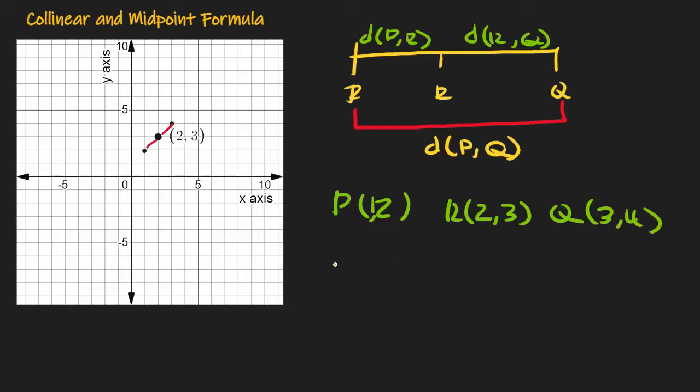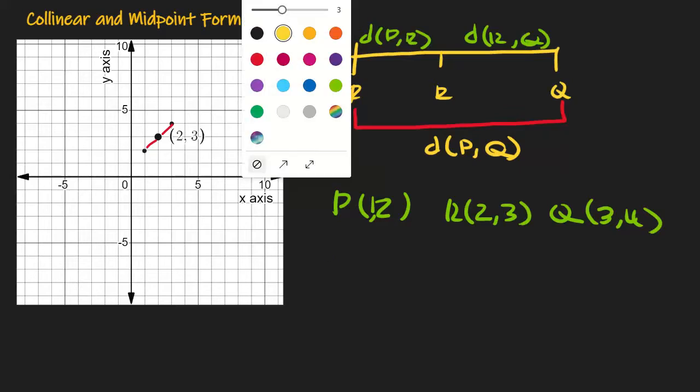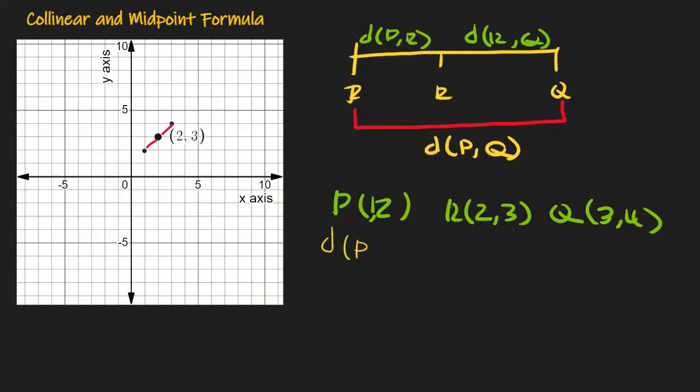Now, if we find the distance for each of these respectively, the distance from P to R is equal to the square root of (3 minus 2), which is 1, squared, plus (2 minus 1), which is also 1, squared. What does that give you? It gives you the square root of 2.